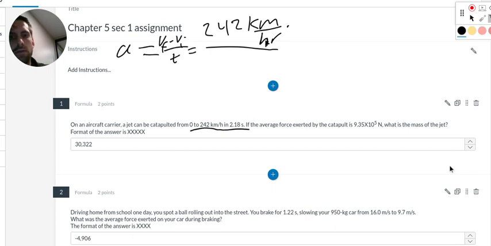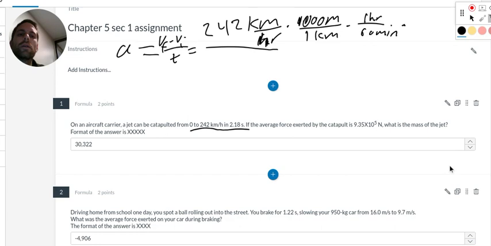So now we do 1,000 meters to convert this over 1 kilometer times 1 hour over 60 minutes times 1 minute over 60 seconds.